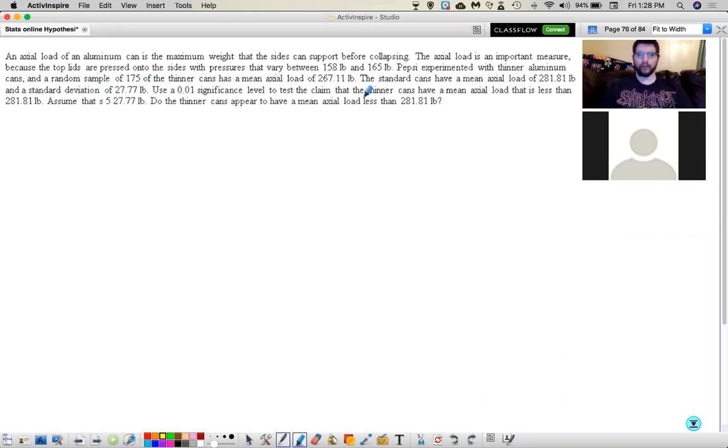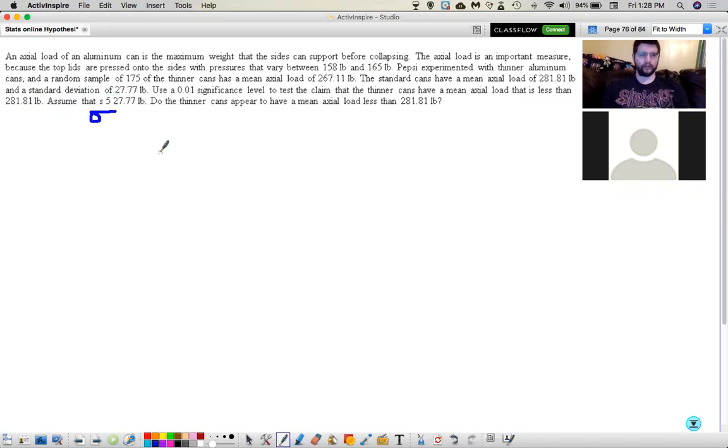That's X bar. The standard cans have this mean and this standard deviation. Okay. Use a 0.01 significance level to test the claim that thinner cans have a mean axial load that is less than 281.81 pounds. Assume that, I think that was supposed to be a sigma and it got translated.